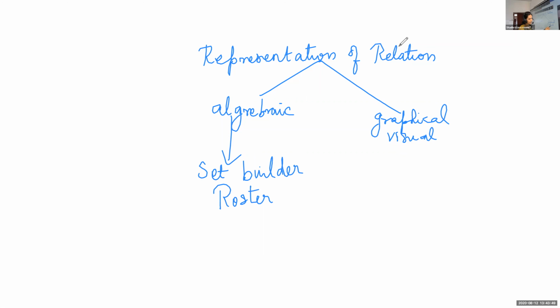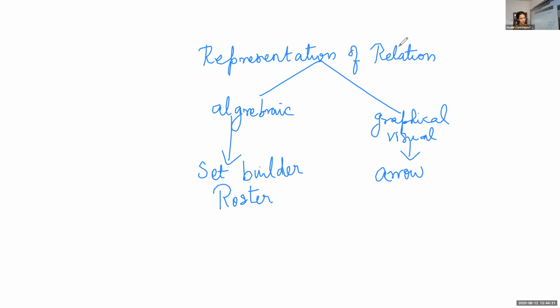In visual representation form, we use an arrow diagram. We are familiar with set builder form: we use symbols, set of all x such that, and write. What about roster form? We simply write the elements, enclosed within the set brackets, separated by commas.